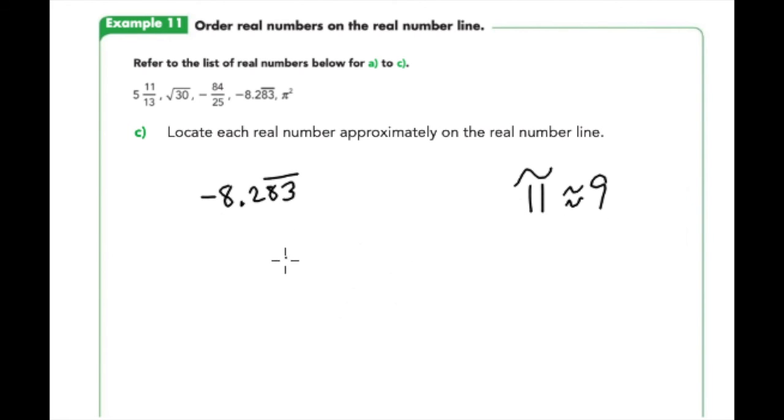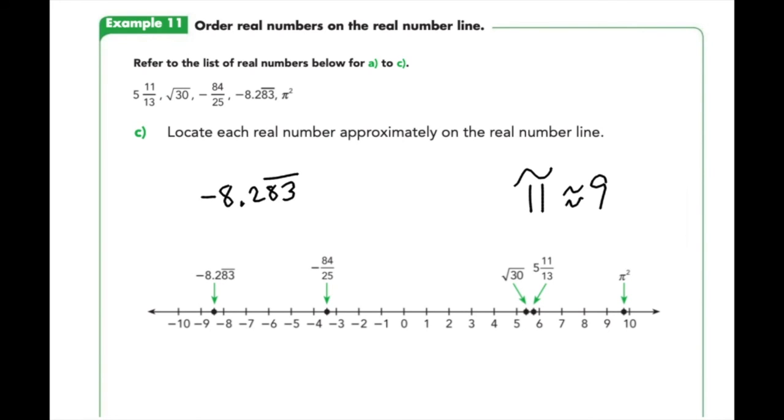So on our number line, we're going to go from negative 9 all the way up to a positive 10. When we plot our points on our number line, it would look something like this below here. This number line is going from negative 10 all the way up to a positive 10, and you can see where all the numbers are plotted between those points.